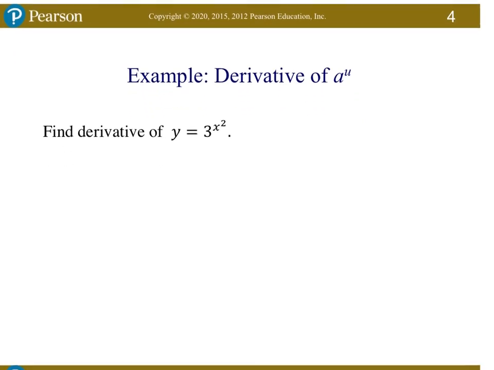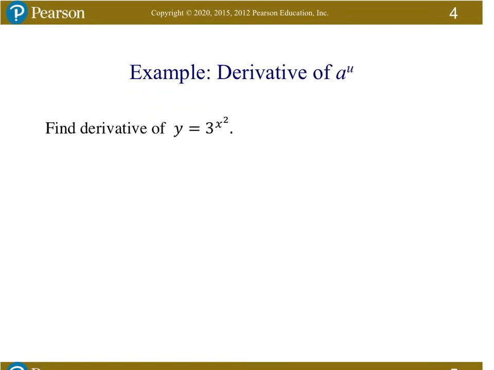So let's try it out. Find the derivative of y equals 3 to the x squared, with a constant base of 3 and a variable power of x squared. So dy/dx, okay, part number 1 is 3 to the x squared. That doesn't go away, it's part of its own derivative.